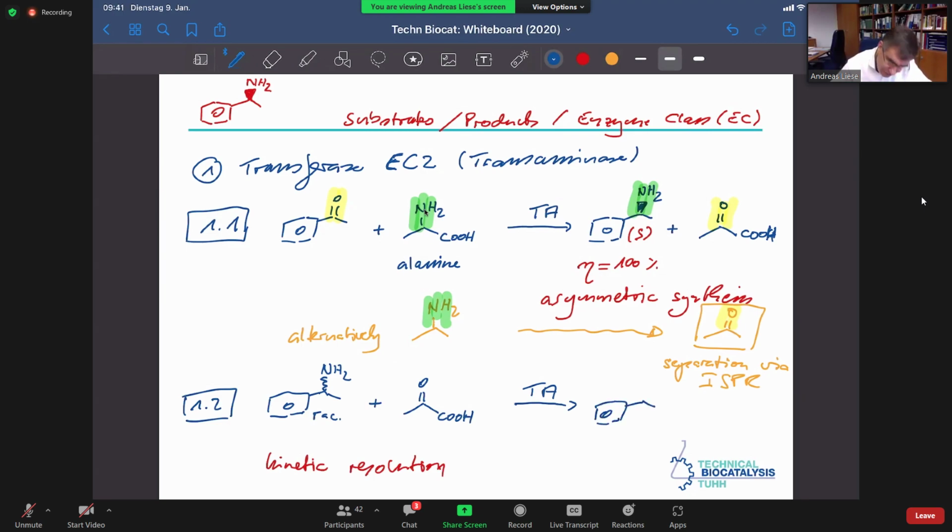So our product is the unreacted leftover enantiomer, plus we're getting out of the pyruvate the alanine, a side product.